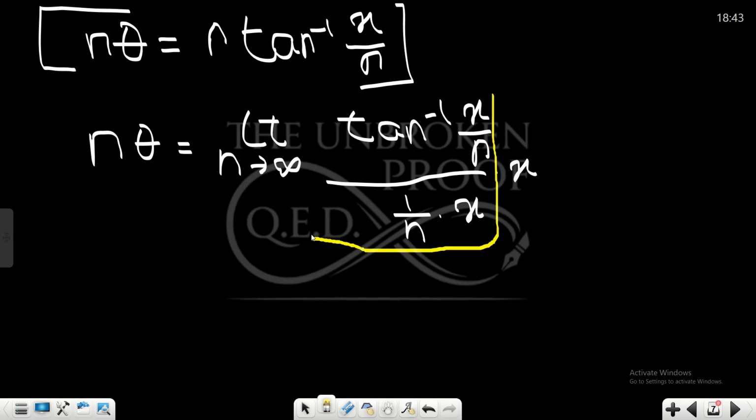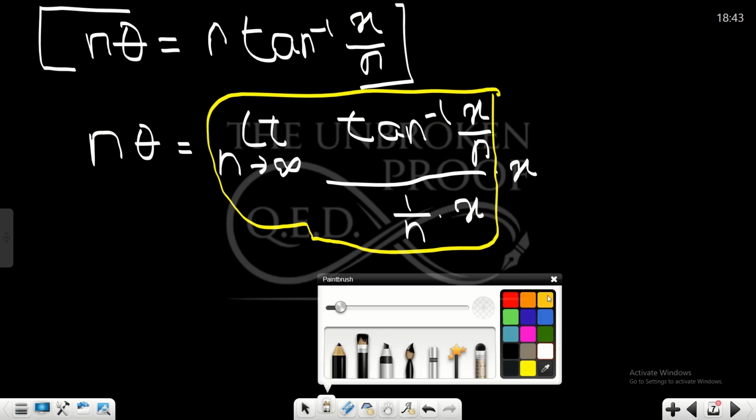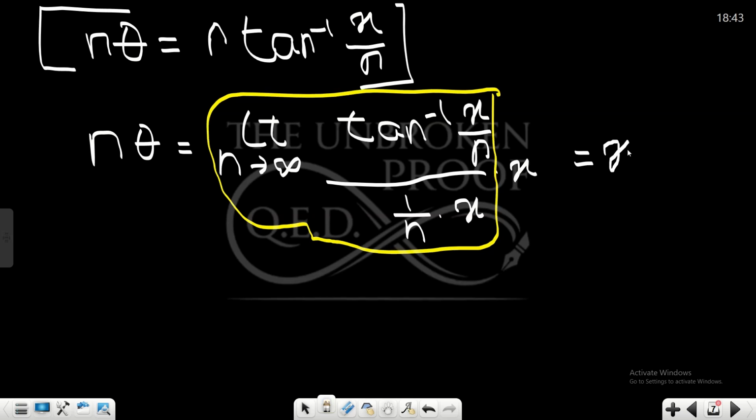This is actually a standard limit, and this will be equal to 1. Since this is equal to 1, this is going to be x.